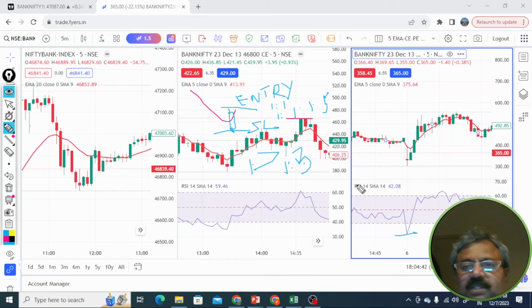So let's just try to understand what we discussed today, a 5 EMA trading strategy. The EMA can be directly applied on option charts, both on call option and put option.